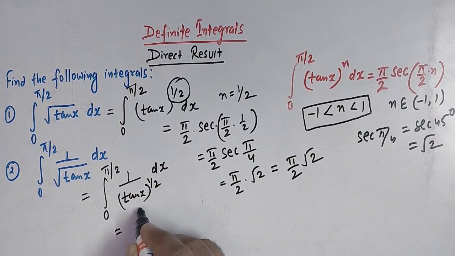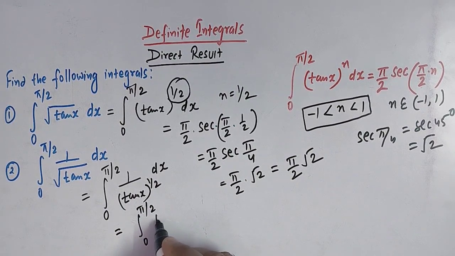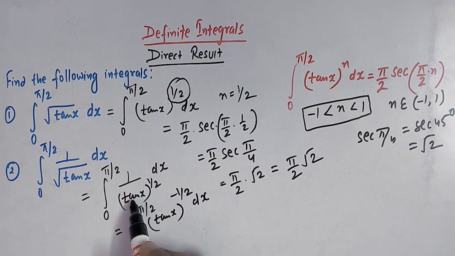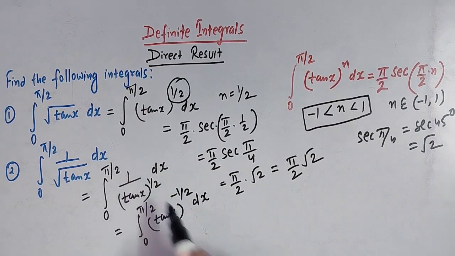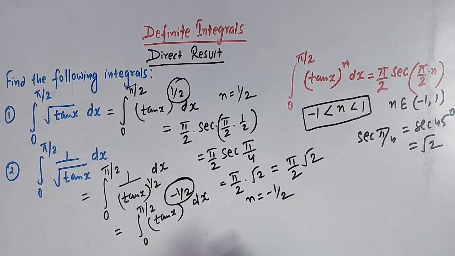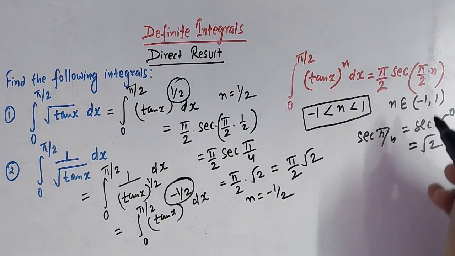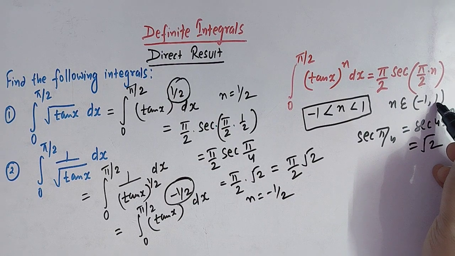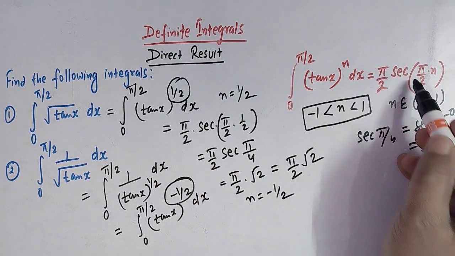Now we can rewrite this integral as 0 to pi by 2 of tan x raised to minus half dx, so we can take tan x raised to half to the numerator. So now here n is equal to minus half, and again minus half belongs to this interval minus 1 to 1. So now we can apply this rule.